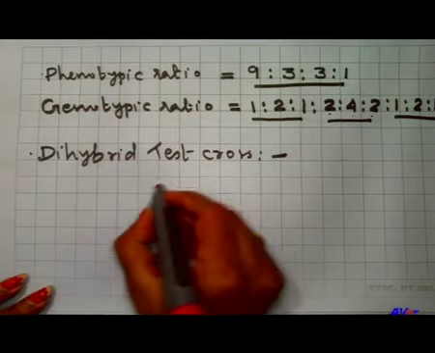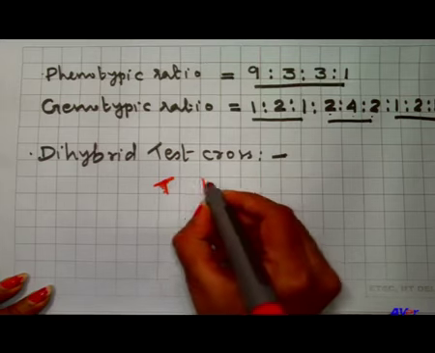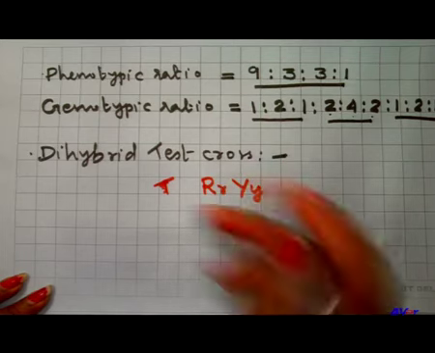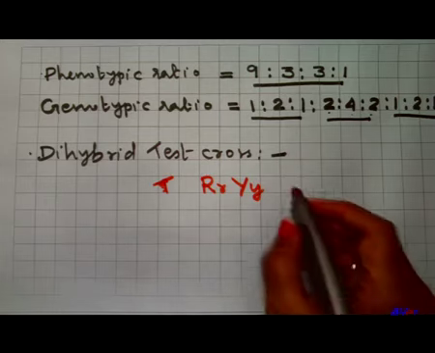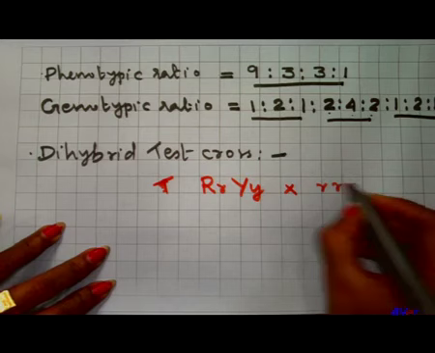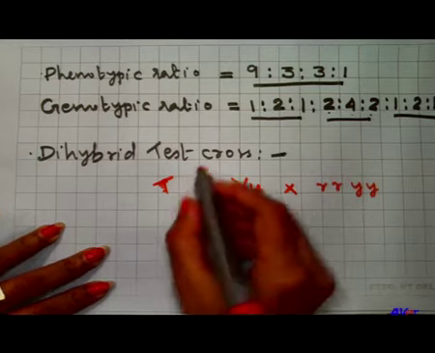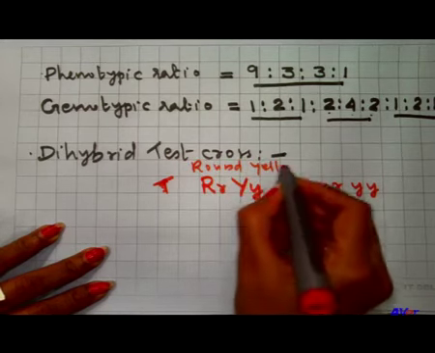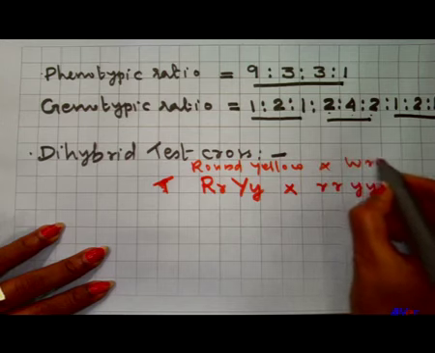F1 hybrid, that is capital R, small r, capital Y, small y. This is the F1 hybrid produced in this particular cross. It is crossed with small r, small r, small y, small y. Here the phenotype is round yellow, crossed with wrinkled green.